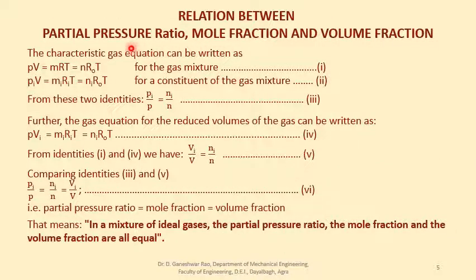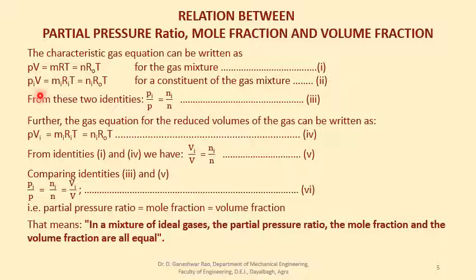Now let us discuss the relation between partial pressure ratio, mole fraction and volume fraction. The characteristic gas equation can be written as you have already studied, PV is equal to mRT is equal to nR0T for the gas mixture, and a general equation for the constituent gases of the gas mixture, PiV is equal to miRiT is equal to niR0T, where i indicates the gas constituent.